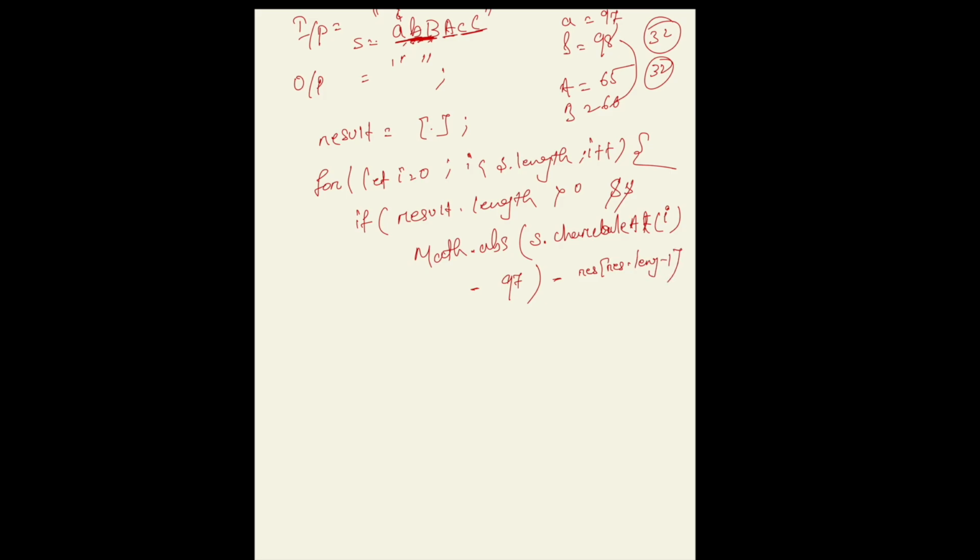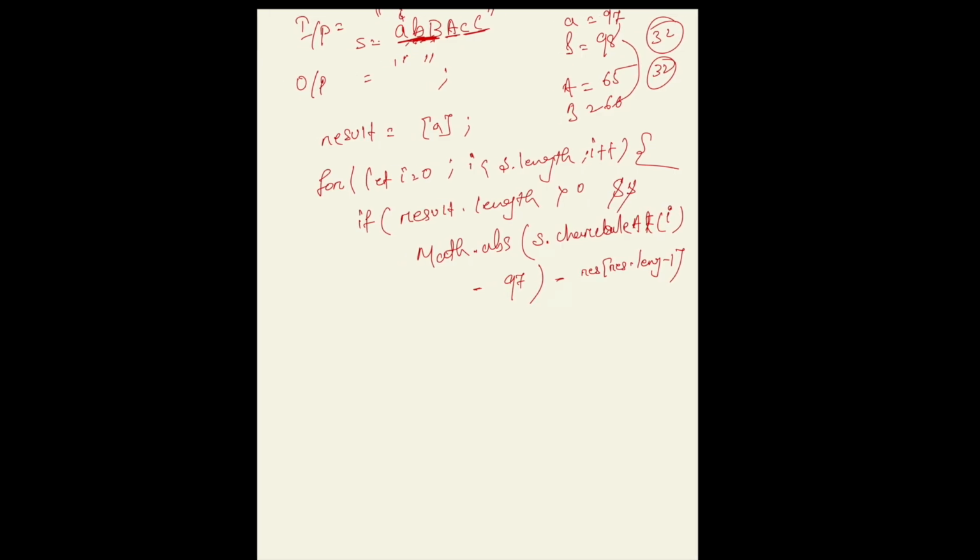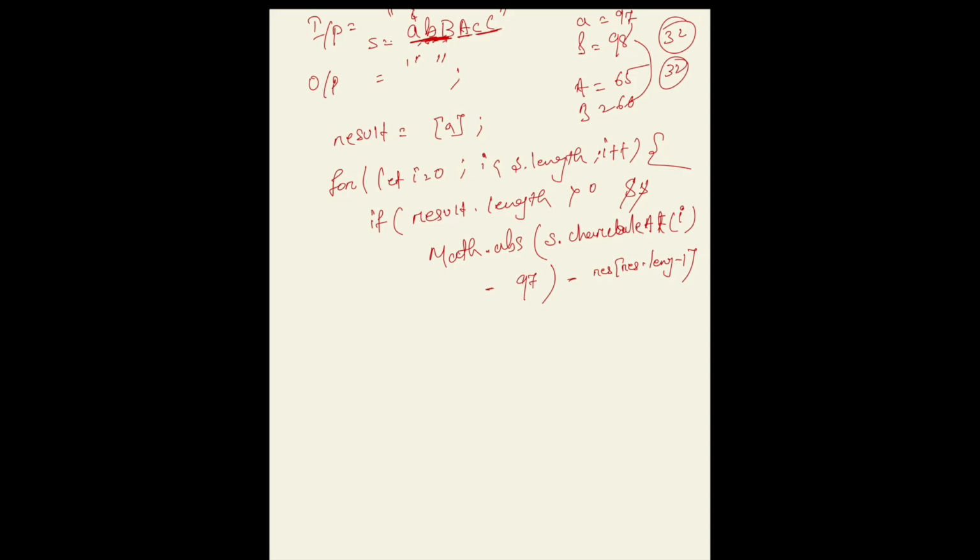Let's say I am pushing first, A goes in. The result has nothing in it, so we directly push A. Now we go to B and check this A character and B character: is the absolute value of the difference 32?